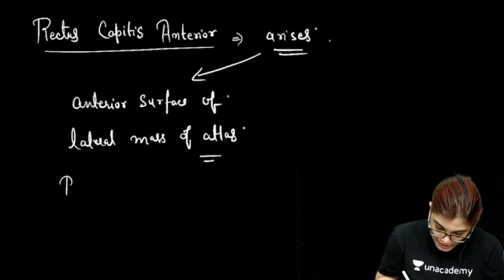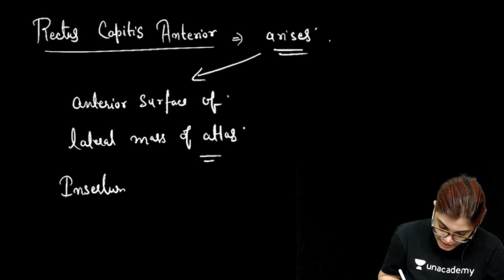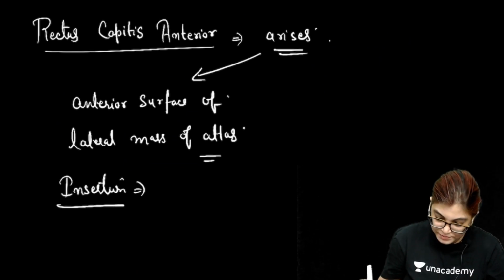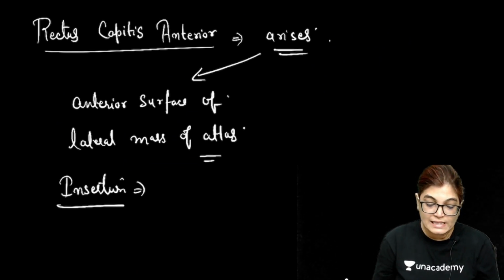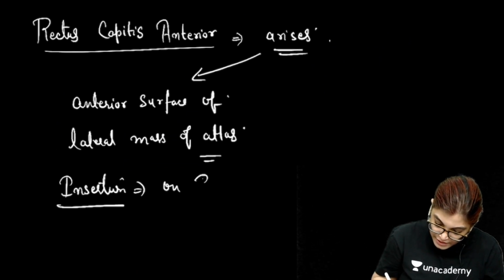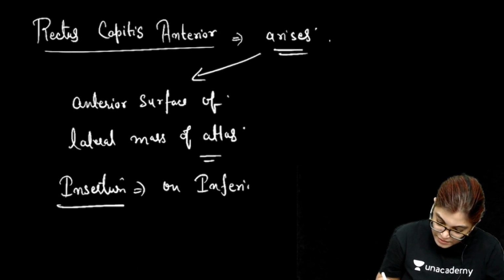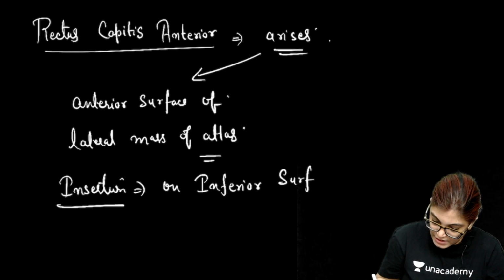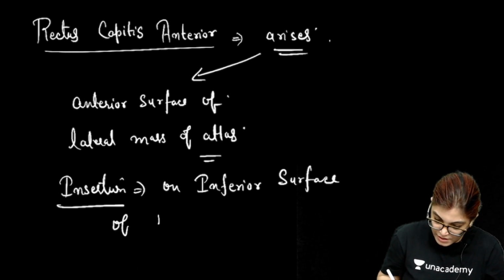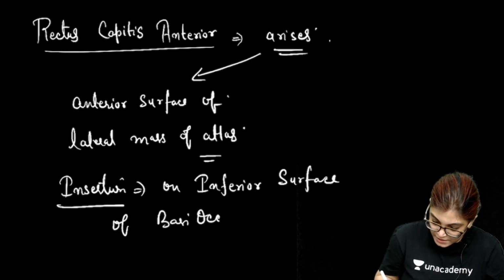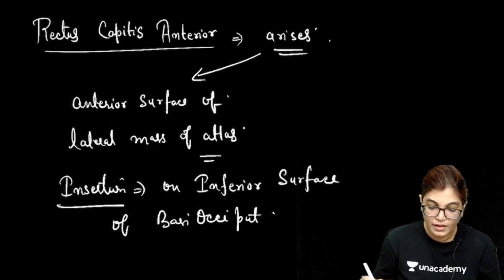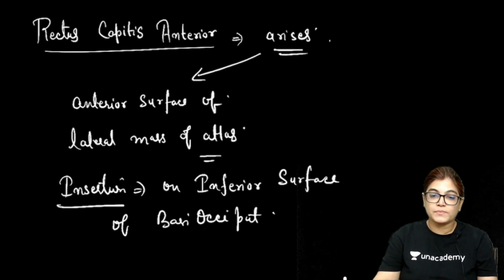And if I talk about the insertion, it is inserting on the inferior surface of the basi-occiput, just in front of the occipital condyle.